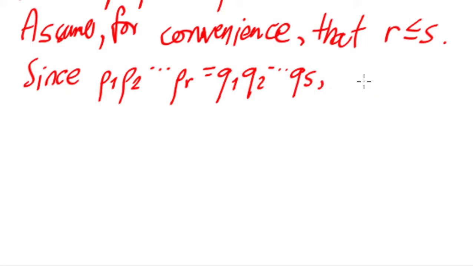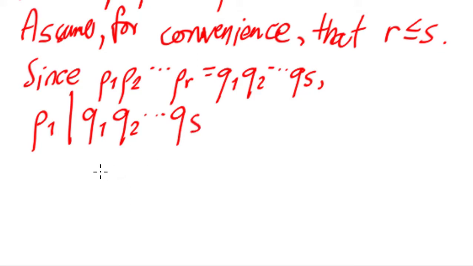therefore p sub 1 divides q sub 1, q sub 2, up until q sub s. So p sub 1 is a factor of q sub 1 times q sub 2 up to q sub s.